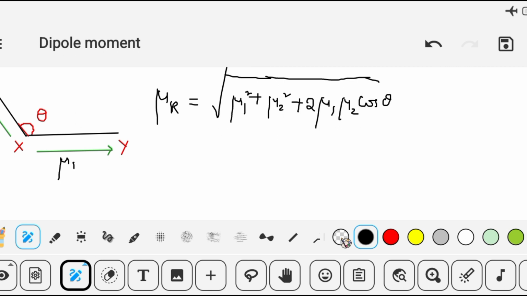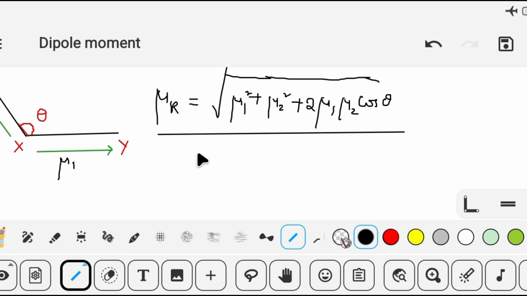We use this formula to understand the net dipole value of any compound given in the examination. Based on this, if they ask which bond angle gives the maximum dipole moment, 90 degrees is the value, since cos 90 gives the answer.